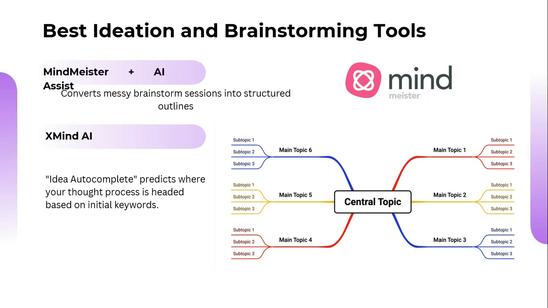Now, a mind map is a process that converts your entire brain thinking process onto some kind of structural outline. So MindMeister is a very popular tool in this regard, and one of the tools that I like is Xmind AI. That specifically features an idea autocomplete feature. So I will just be giving you a short demonstration of how Xmind AI works.